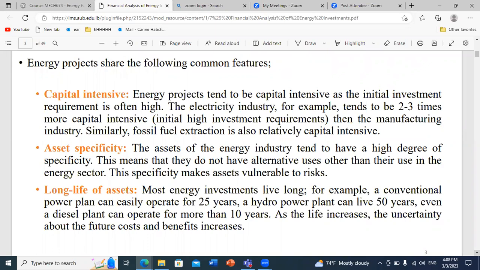For example, because in general, when we talk about energy projects, it's a larger scale. We talk about larger scale projects, and the majority of the investment, we should put it at the beginning of the project.